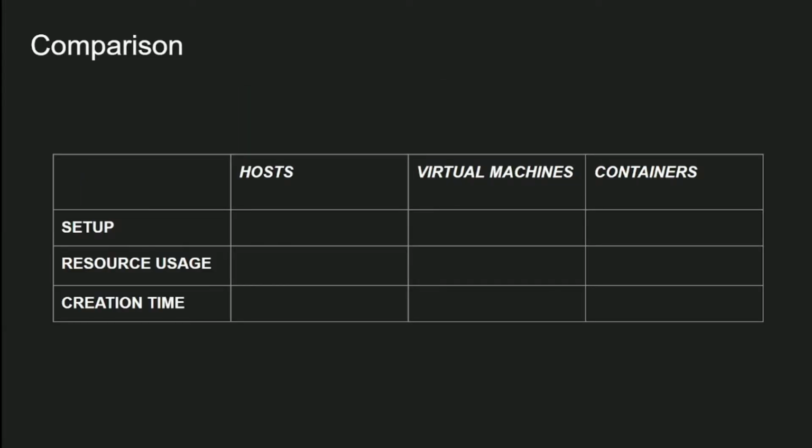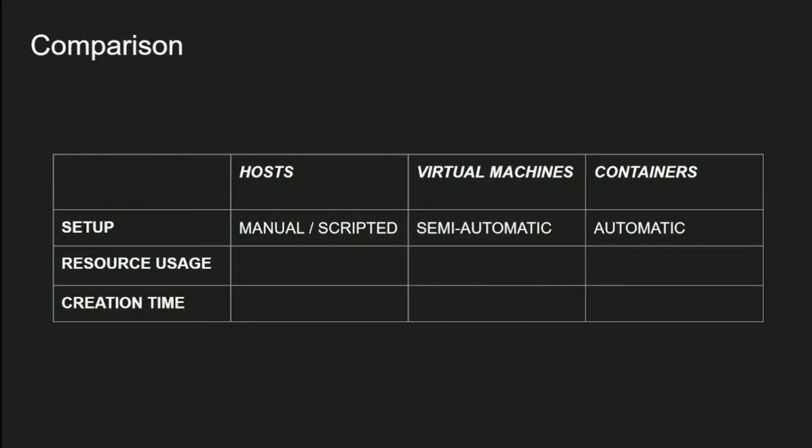Let us now compare hosts, virtual machines, and containers, first in terms of setup. And in the left corner, hosts are actually pretty manual. You need to put that hardware together, install the OS, and then maybe you can script the part where you install the application and its dependencies. With virtual machines, we're actually better off because you can create a virtual machine image and then use that image to instantiate multiple identical virtual machines.